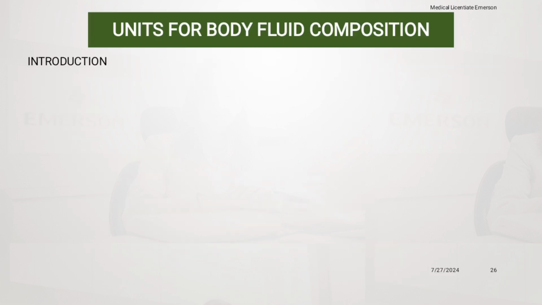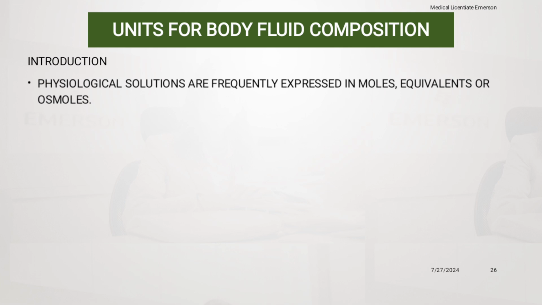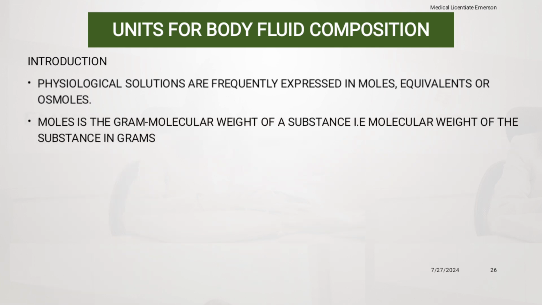So you need to know the units for body fluid composition. This is going to be an introduction on the same. Physiological solutions are frequently expressed in moles, equivalents, or osmoles. A mole is the gram molecular weight of a substance, that is, the molecular weight of the substance in grams.